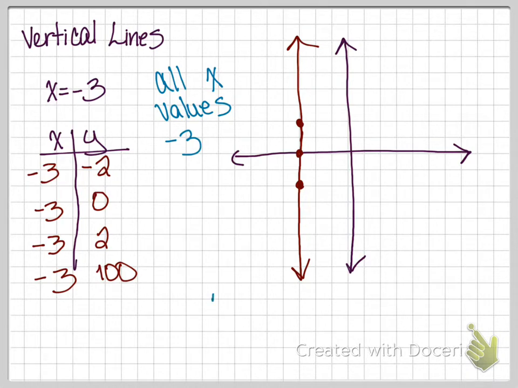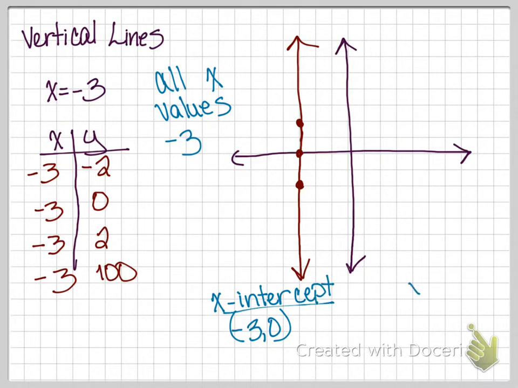What is my x-intercept here? Good. My x-intercept here is negative 3, 0. What's my y-intercept? There's no y-intercept. I do not cross the y-axis at any time.